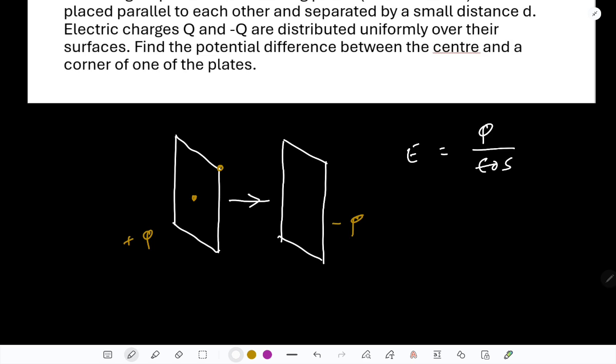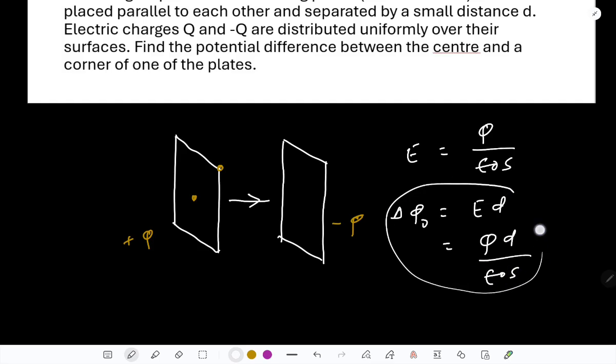So the potential difference between the centers of each plate is going to be delta phi naught, and that will be equal to Ed. Because d is the separation between the plates, you can get the result as Qd divided by epsilon naught S. This is the potential difference basically, because this is the electric field.